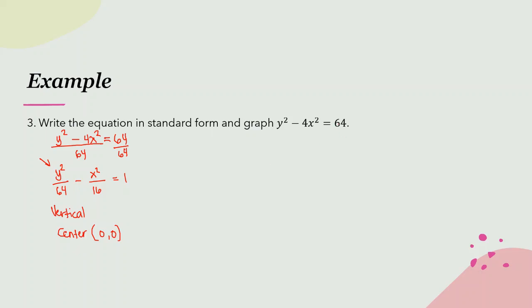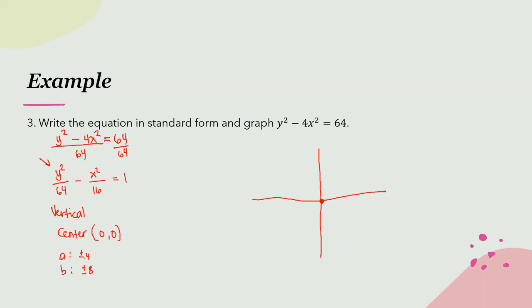Then afterwards, let's try to graph it first, assuming it's a straight line. So we have to find our a and our b. So a here is the square root of 16, which is positive 4. The b, the square root of 64, is positive 8, right?